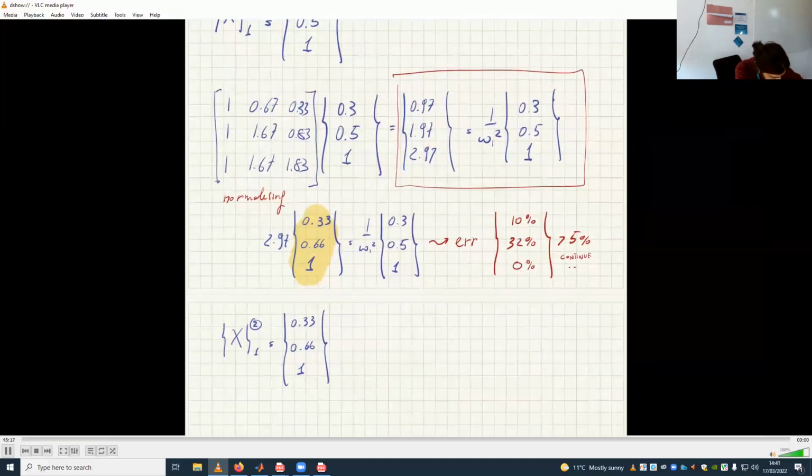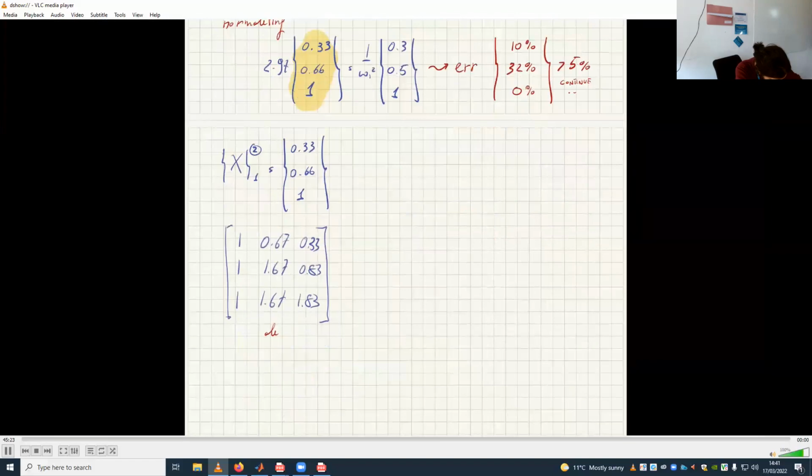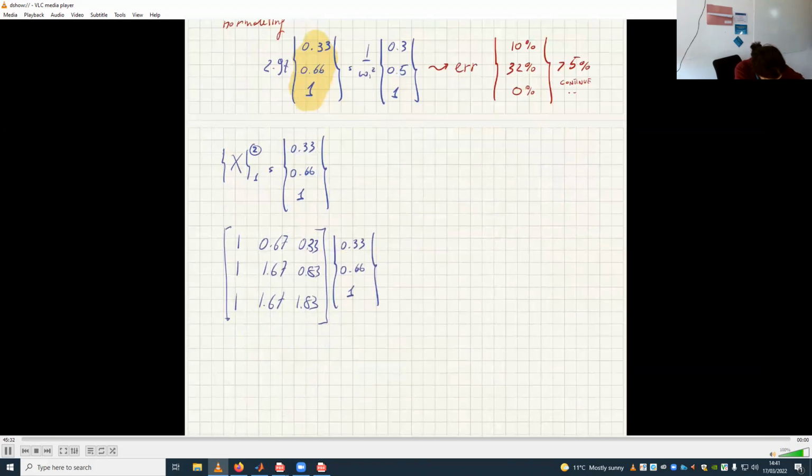All over again means that I take this, copy it, put it down, and then I copy this. I put it down here, and then I say that this is equal to this.